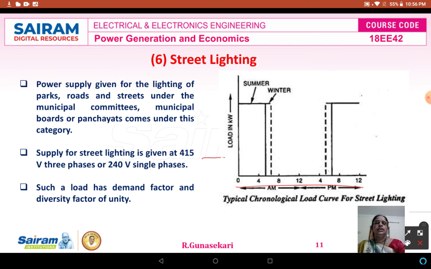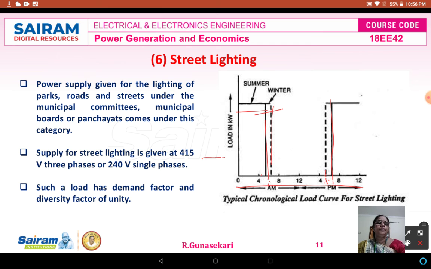Up to 6 a.m. the load is constant in summer, and in winter also up to 6 a.m. Then the summer load is 0 up to 6 p.m., and the winter load is 0 up to 5 p.m. After 5 p.m. the winter load increases, and then the summer load also increases.